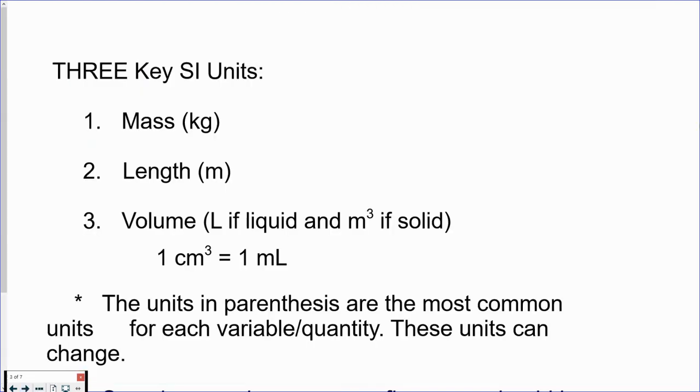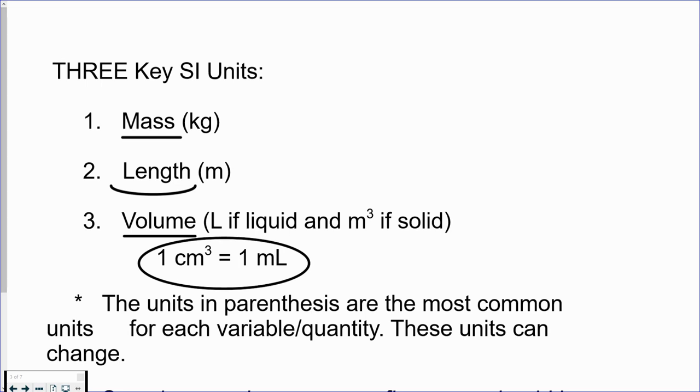All right, so our three key SI units that we'll be working with are mass, length, and volume. Now, a nice thing that we have, because not all volumes are going to be in liters, you can actually take centimeters and convert it to milliliters because it's 1 centimeter cubed to 1 milliliter.